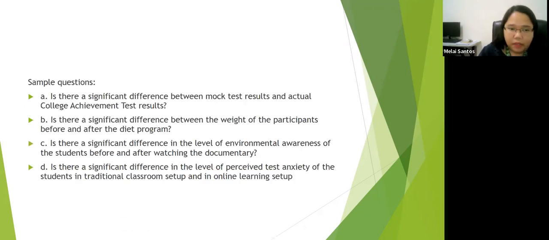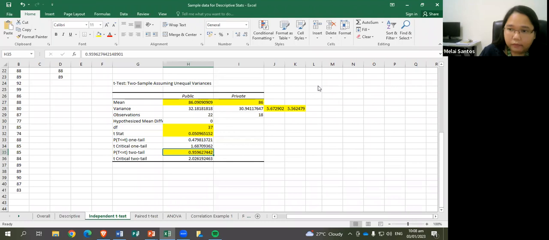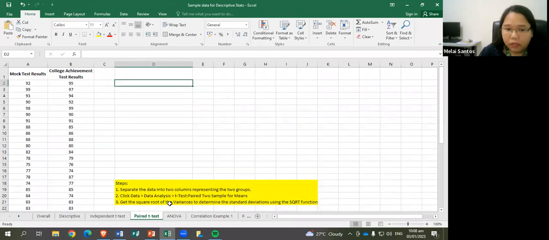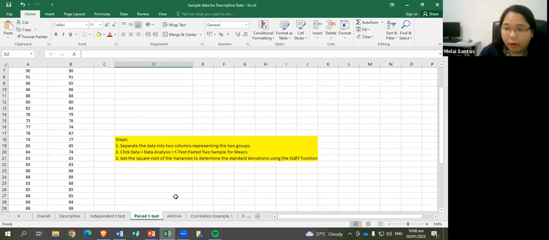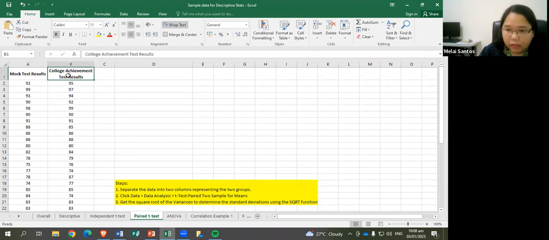Now, let's try to answer this. The first one: is there a significant difference between the mock test results and the actual college achievement test results? Now we go back to your Excel file, paired sample t-test. Again, it's written here, the directions of how you're going to use this. It's now separated, the mock test results and the college achievement test.